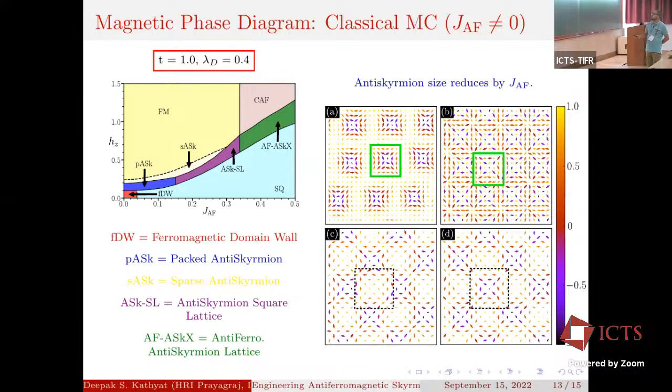To see this state clearly, I have also shown the sublattice resolving of this spin configuration, and we can see that this spin configuration is a superposition of two types of antiskyrmions. In this antiskyrmion the central spin is up, and in this one it is down. So opposite polarity antiskyrmions are superimposed to get these antiferromagnetic antiskyrmions.